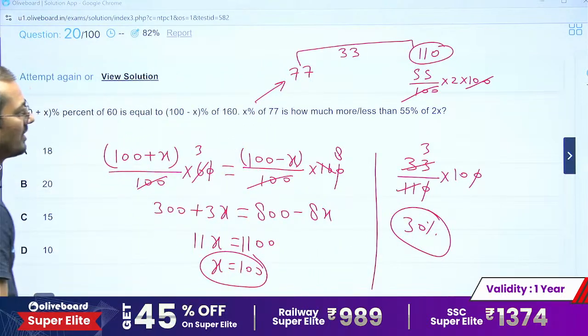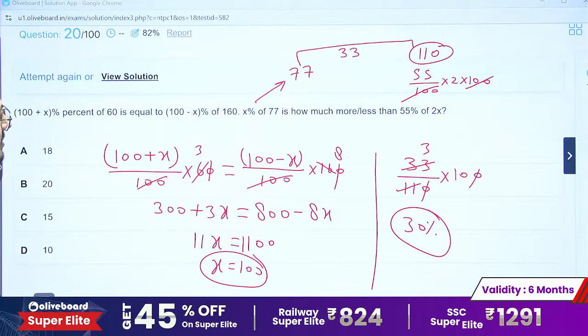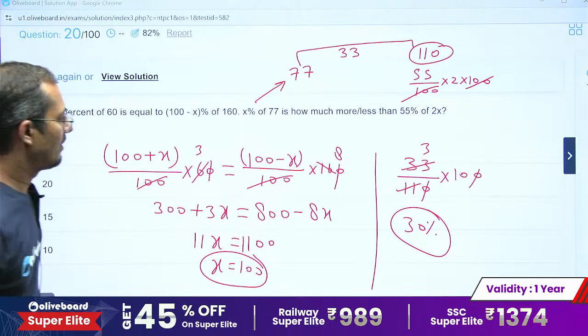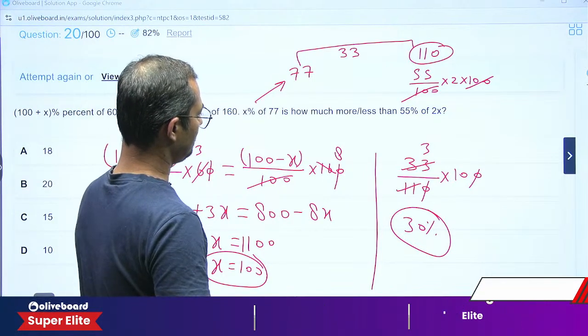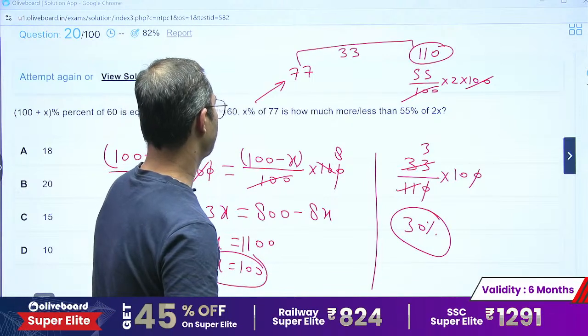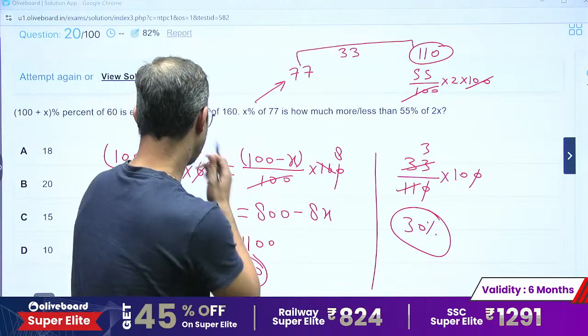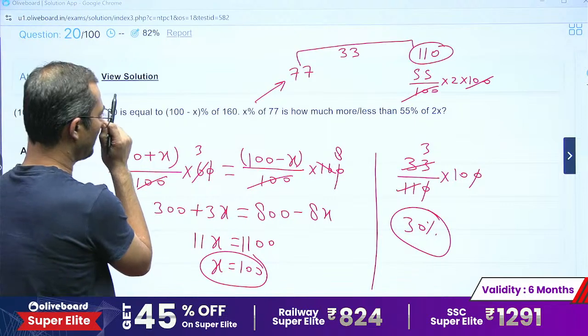So not 30%. So I think we have committed some mistake. 2x, 100 is... how much less than... See, x is equal to 100, right?